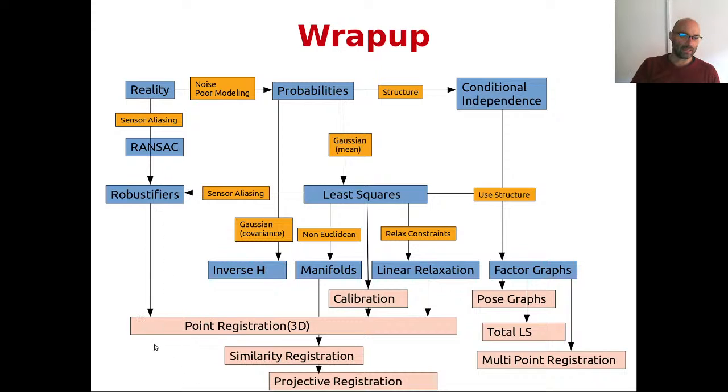And we have seen an application of a very naive robustifier to the point registration problem on manifolds. And given that we were moving in the manifolds, we also implemented another program which allowed us to determine the relative rotation, translation, and scale between two scenes, and we call this problem similarity registration.